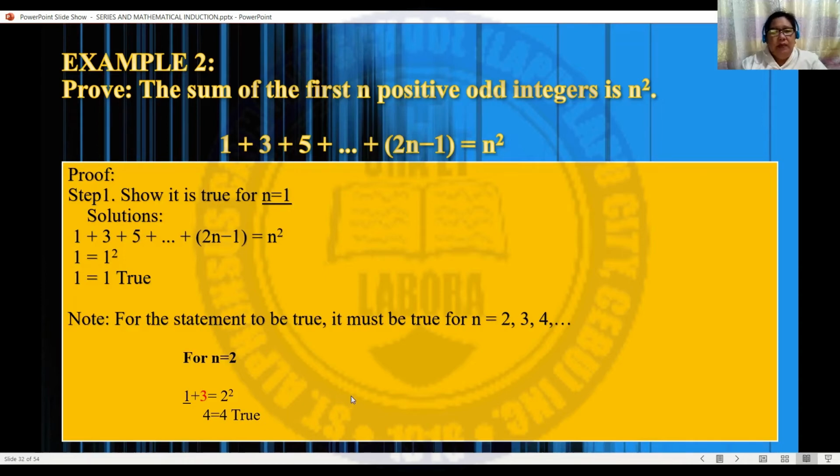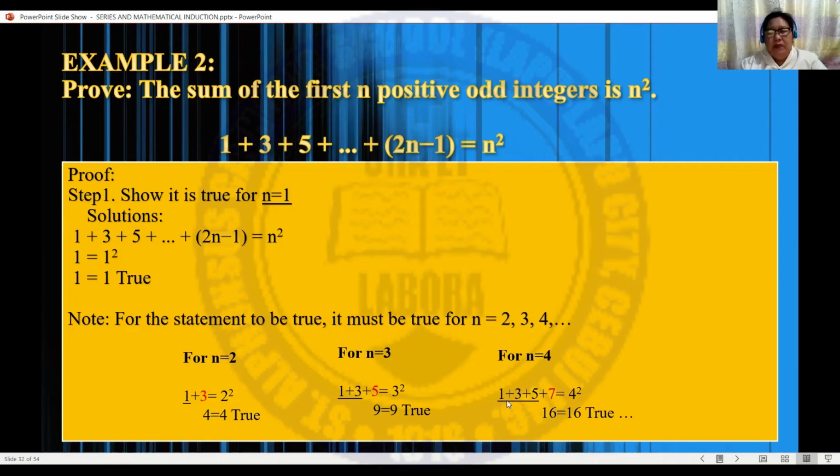Let us try n equal to 3. So we will be using now the first three terms. 1 plus 3 plus 5 is equal to 3 squared, because by this time n is equal to 3. 3 squared is 9, and 1 plus 3 plus 5 is also equal to 9. Meaning, this is also true. Let us try for n equal to 4.